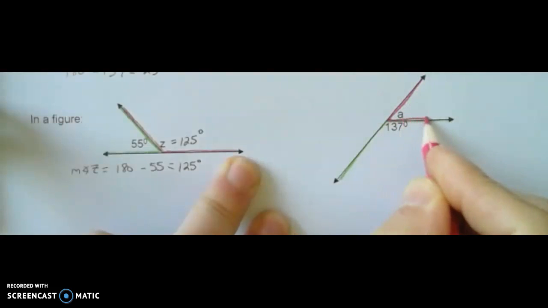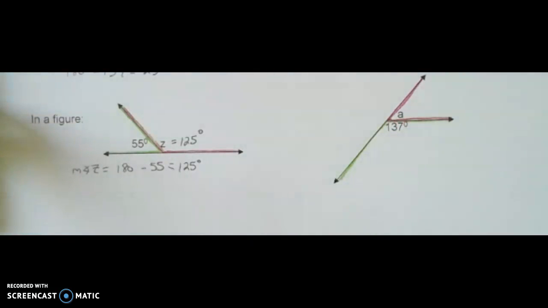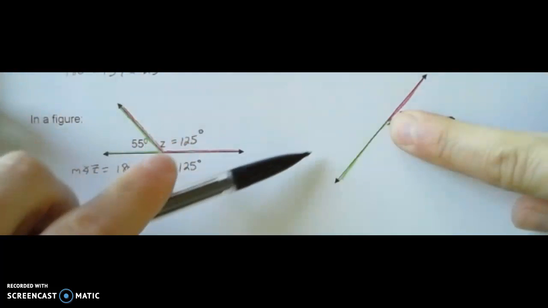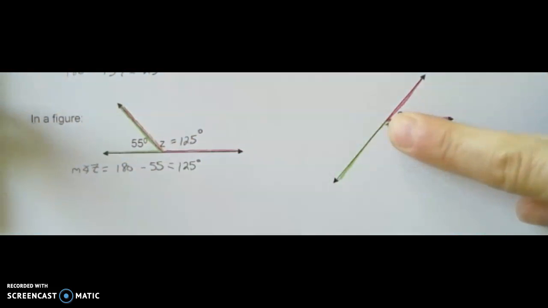There's angle A. Okay, and if I look for a ray that was shaded by both colors, I can see that this ray right here was shaded twice. So if I cover that up, again, all that's left is this straight angle right here. So these two angles make a straight angle of 180 degrees, which means these two angles are called supplementary angles.